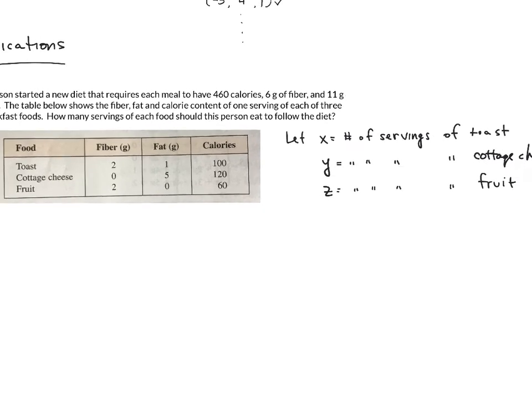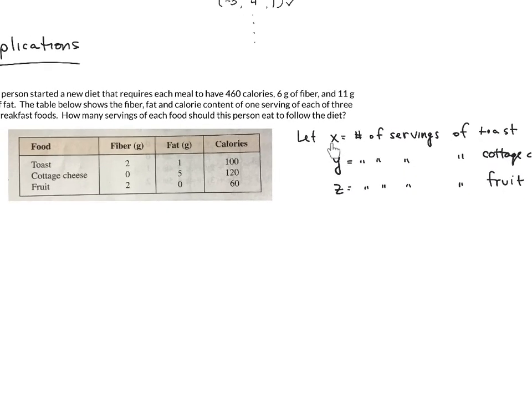So if we have 3 variables, in order to solve a unique solution of 3 variables, we need to have 3 equations. We need to set up a system of equations that contains 3 equations with all 3 variables.